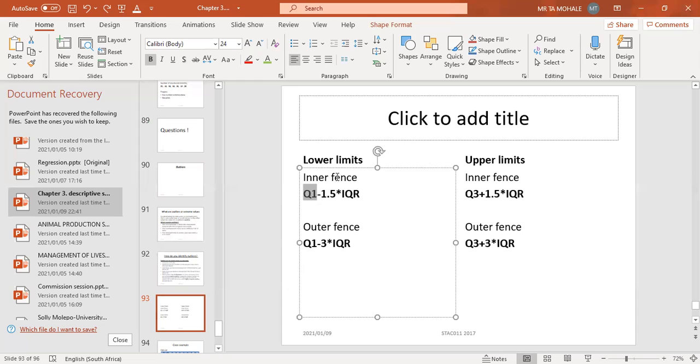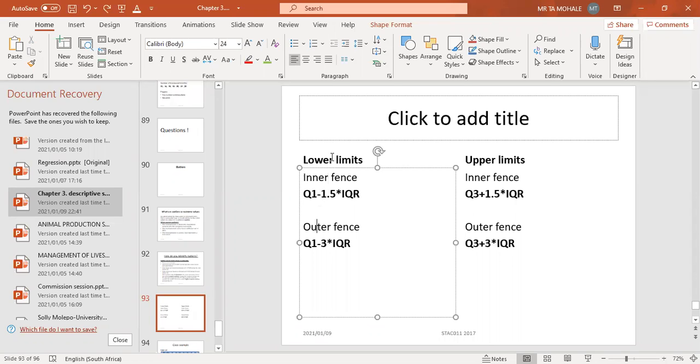Inner is associated with 1.5. We expect to see 1.5 when you are working with inner. And the negative comes as a result of what?